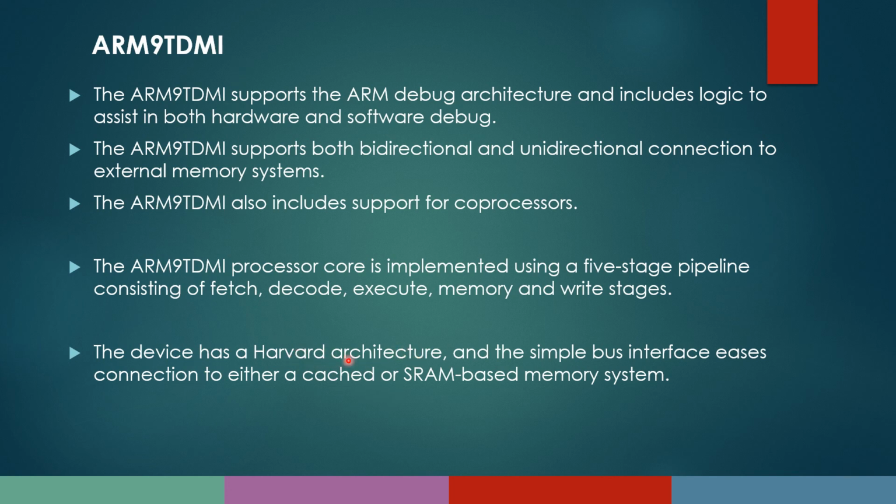Since we are having Harvard architecture, it is more organized, and also we have got simple bus interfacing, which eases connecting to either a cache memory or a SRAM based memory system. So here we are speaking about the connection to the memory, that is a cache memory or a static RAM memory.